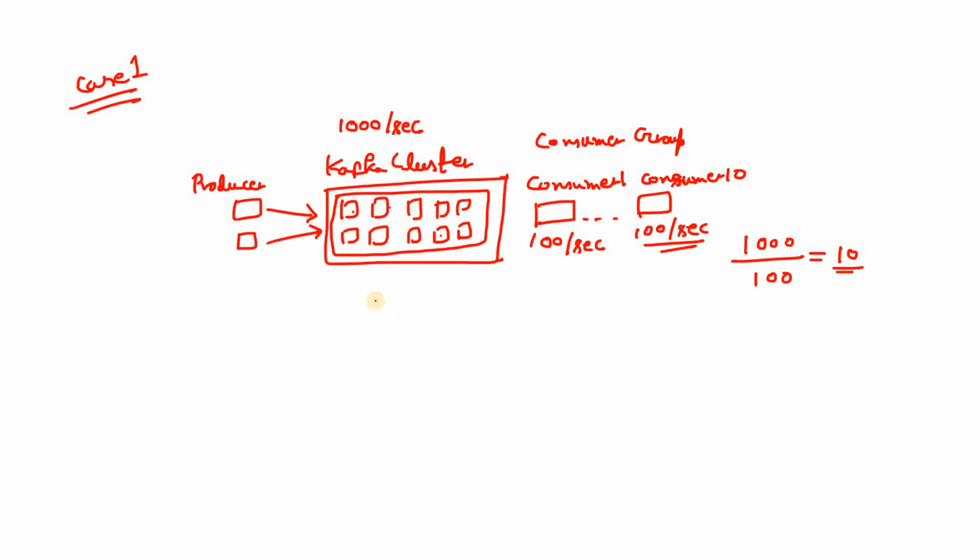In the best optimal situation, each of the 10 consumers within the consumer group consumes messages from one single partition. Because in Kafka, multiple consumers in a group cannot consume from one single partition, but one single consumer can consume from multiple partitions. That is a perfectly possible scenario.